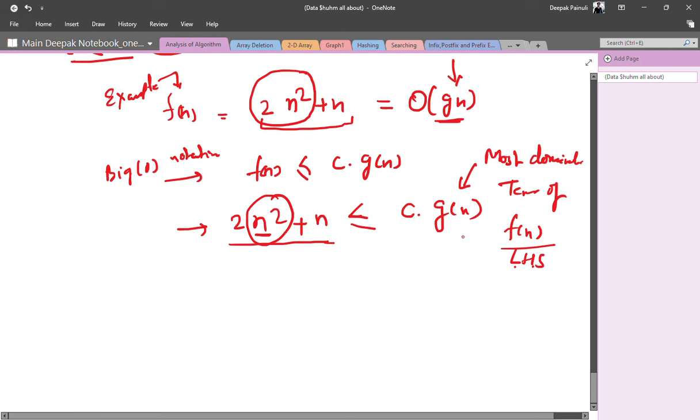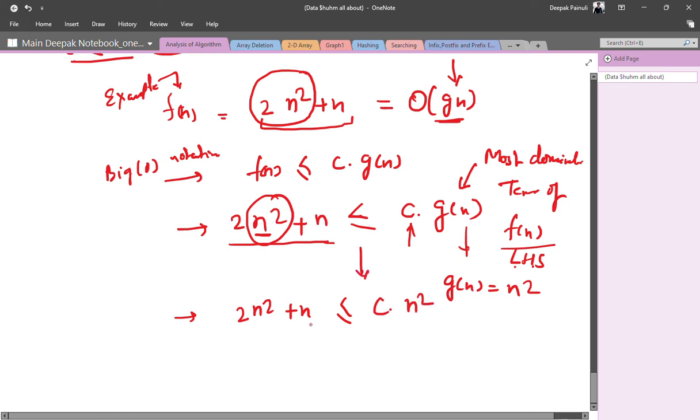So we can take g(n) as n square. After that we can find the value of c for this equation, and the value of n. Let us take an example: 2n square plus n should be less than or equal to c times n square, right?